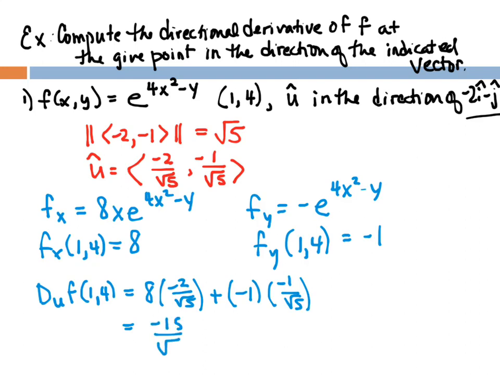Right, -15 over square root of 5. Simplifying this, I'm going to go ahead and rationalize it, because I've got the 15 and the 5 going on. So this is going to give me -15 square root of 5 over 5, and then what happens? Yeah, those are going to reduce. So this is actually -3 square root of 5.